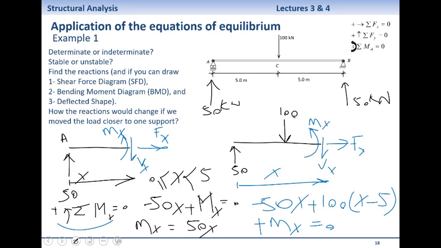So you can basically cut the beam just after point C or just before point C, and they will both give you exactly the same result. The reason is the distance is going to be almost zero, so it's not going to change your bending equilibrium.